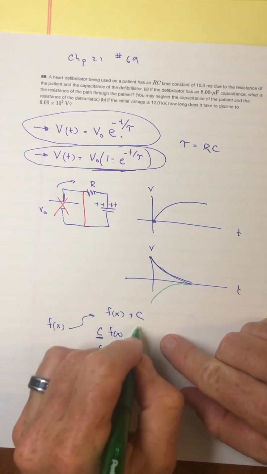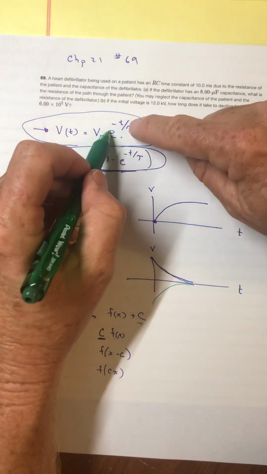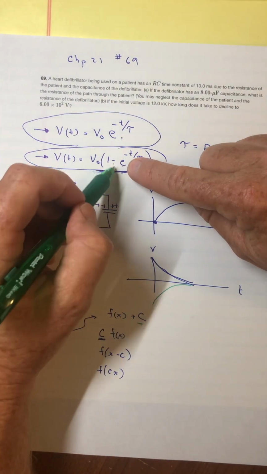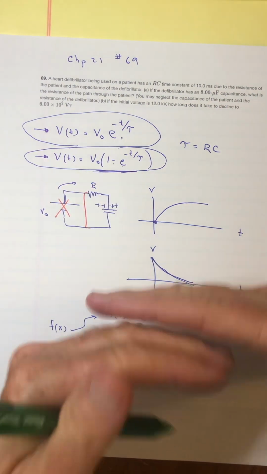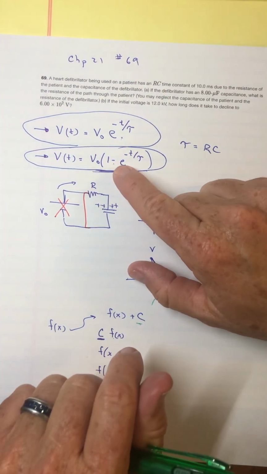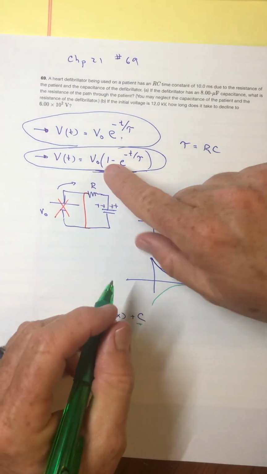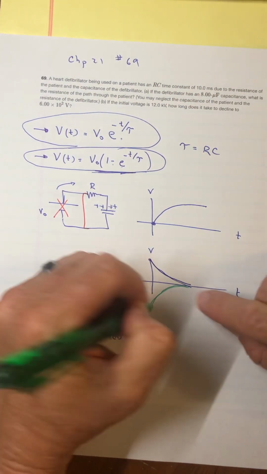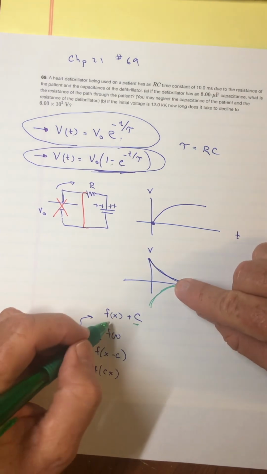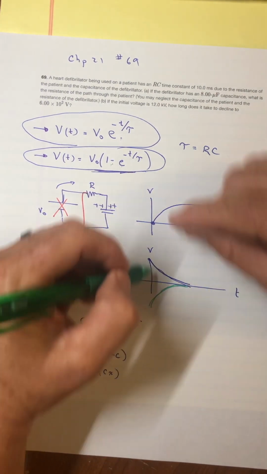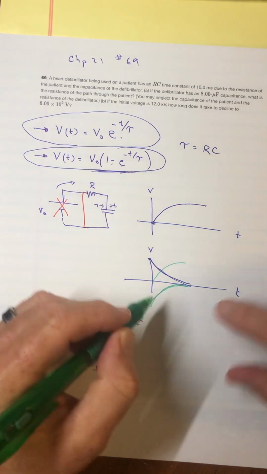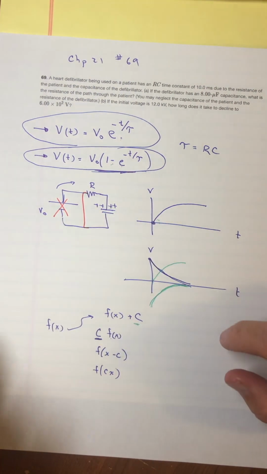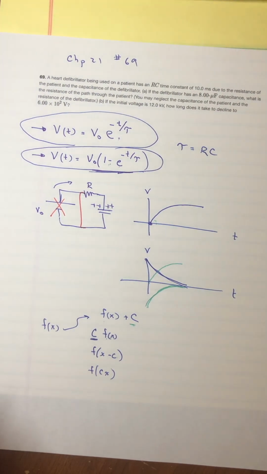And so we're doing both of these when we go from here to here. We put a negative multiplier in it, which flips it over. It doesn't make it bigger or smaller because it's a minus 1, so it just turns it upside down. And then the plus 1, that constant, shifts it up. So this green one, the negative sign flips it over, and then the plus 1 shifts it up to here. And so that's what that looks like. And I guess that's not real important for this problem.